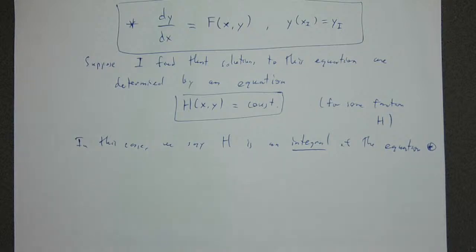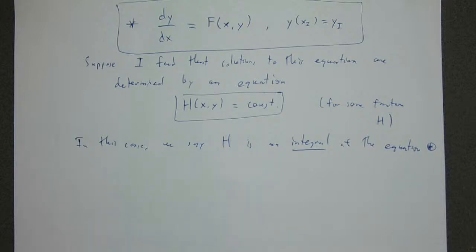Maybe I can't find an explicit solution, but it gives me some implicit relationship between y and x here, or y and t, if t is my variable, and that is going to make me very happy, because I can do all the things that I wanted to do in finding a solution anyway. So this is going to be us solving this.